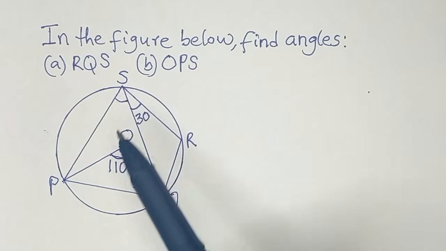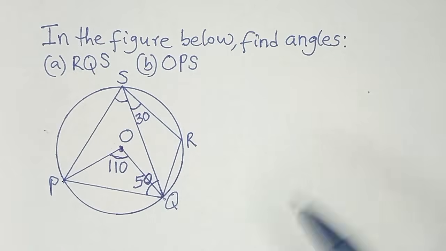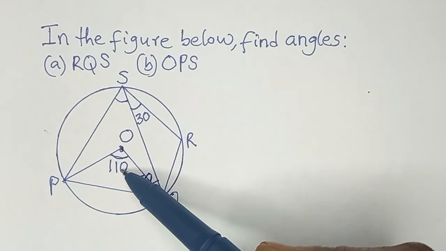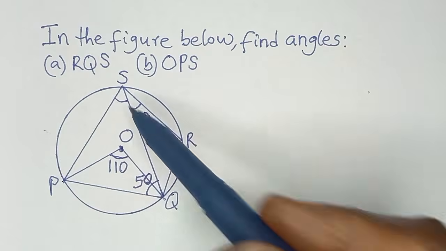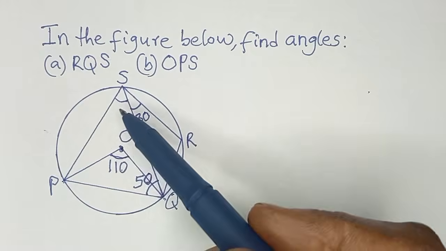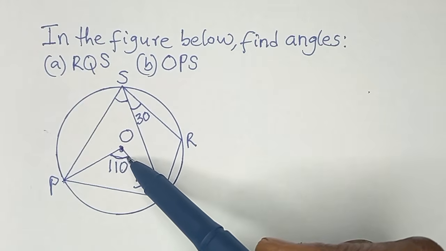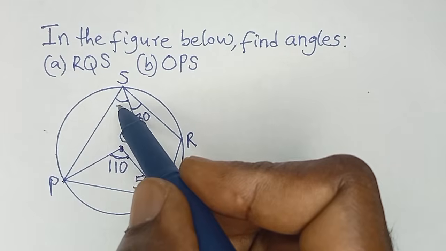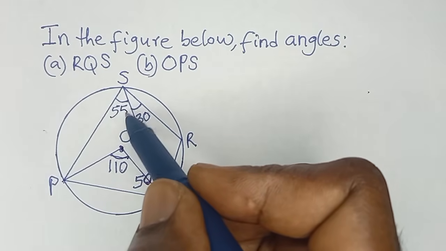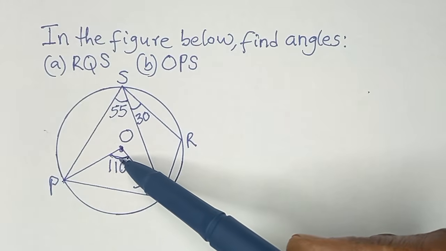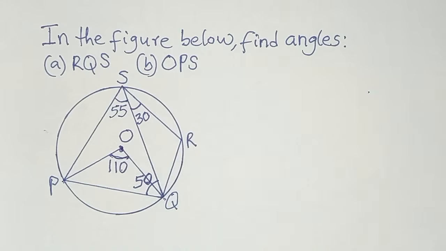So twice this angle will give us 110. To get this angle, we simply divide the angle at the center by 2. So this angle will be 110 divided by 2, which is 55. So this angle here will be 55 degrees, and 55 times 2 will give us the angle at center as 110 degrees.